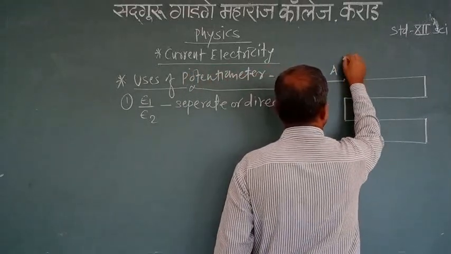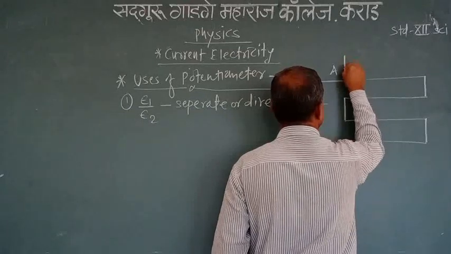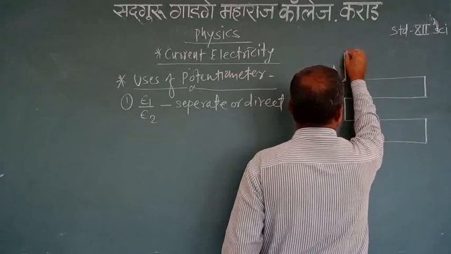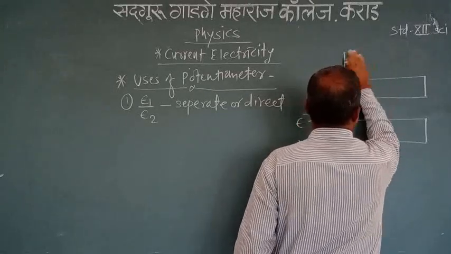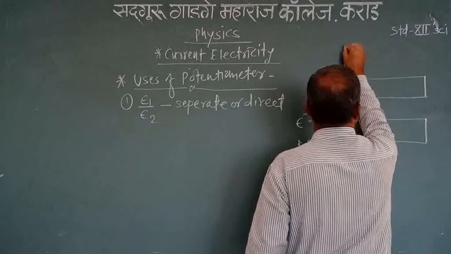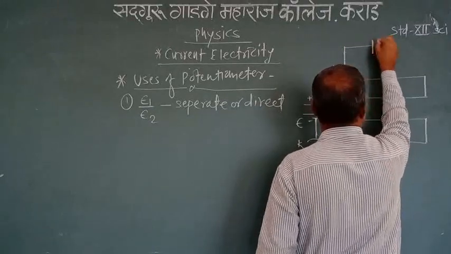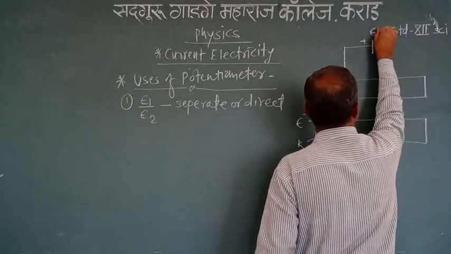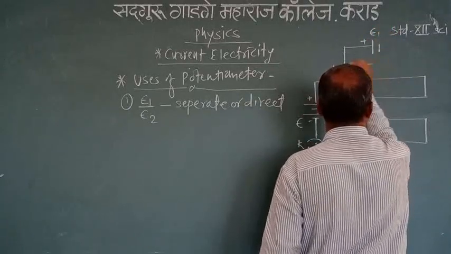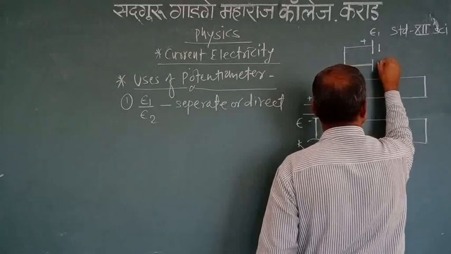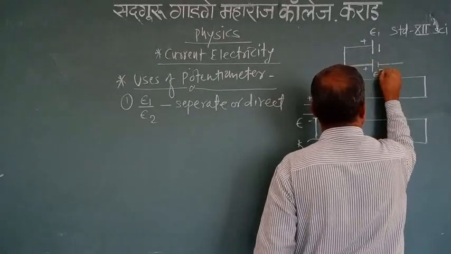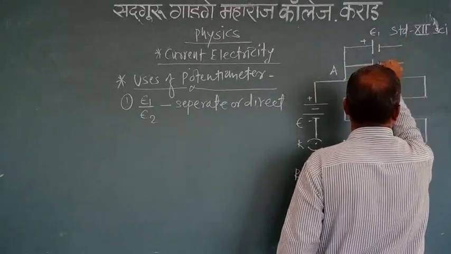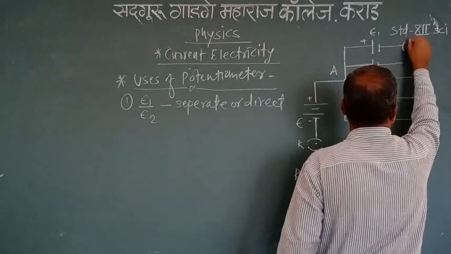The given cells whose EMF to be compared is connected to that circuit like this. This is first cell, positive plate of first cell having EMF E1. This is positive plate of second cell having EMF E2. Negative plate of two cells connected to the two keys.